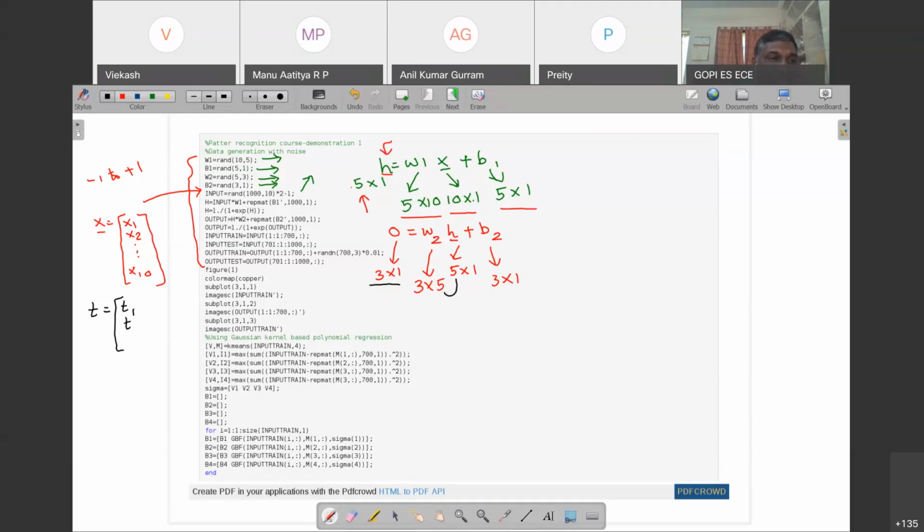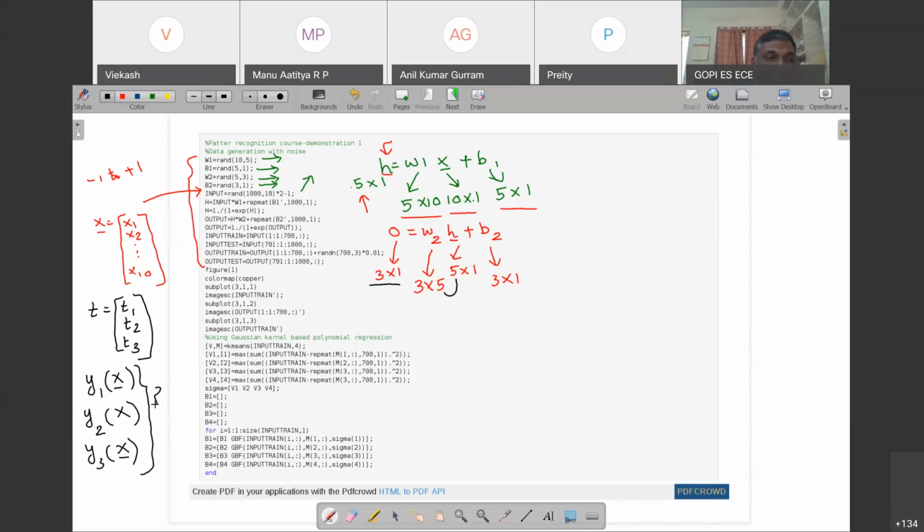We can of course do this problem as individual problems, right? T1, T2, T3. Basically, we are trying to find y1 of x, which gives you the first element of t, and then y2 of x, and then y3 of x.